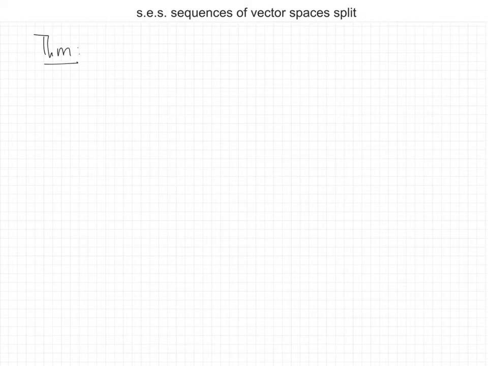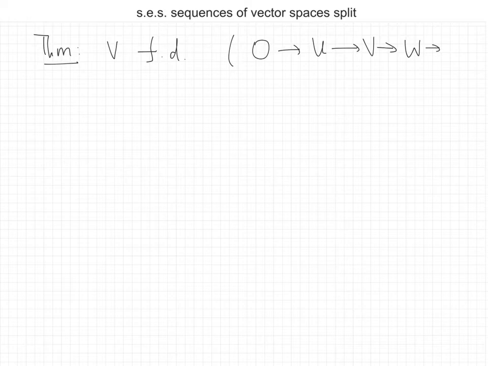If the middle vector space V is a finite dimensional vector space, remember, we're looking at this short exact sequence of vector spaces. Of course, think about it, if V is finite dimensional, then both its subspace U and also the image W under sigma will be finite dimensional vector spaces.